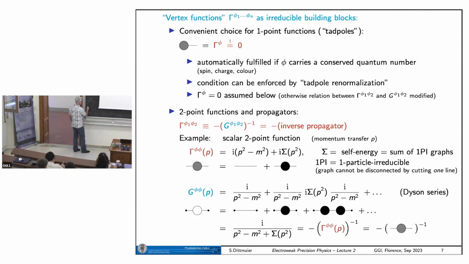What is not one particle irreducible is, for example, something like that, this unpleasant tadpole, because if I cut this, you disconnect two pieces of the graph. So this is not one particle irreducible.